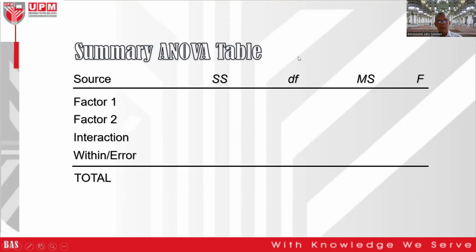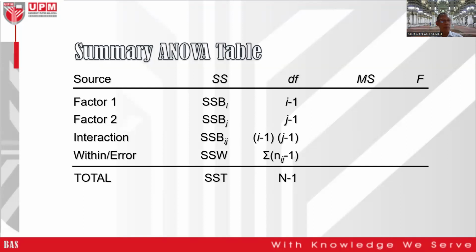And then we have sum square between for I, sum square between for J, sum square between for IJ, the interaction, SSW for within, and SST for total. And then degree of freedom is I minus 1, J minus 1, I minus 1 multiplied by J minus 1 for the interaction, for the within is summation of nij minus 1, and for the total is N minus 1.